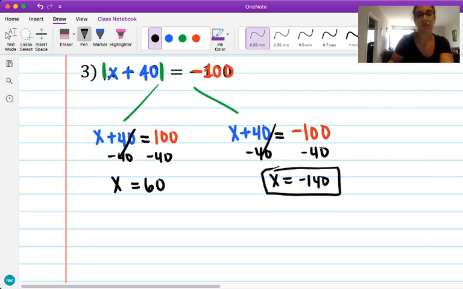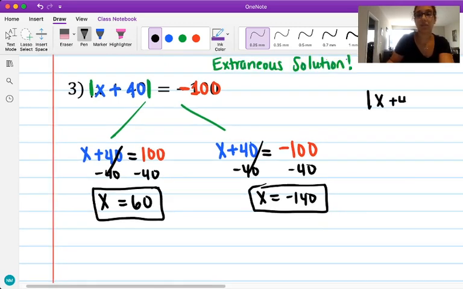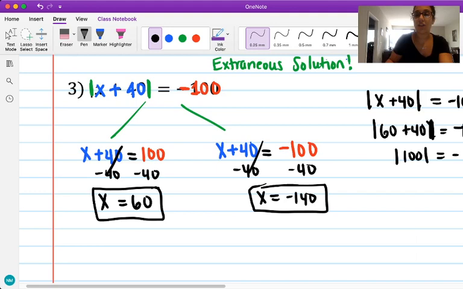Let's check our answers. I have the absolute value of x plus 40 equals negative 100. If I plug in 60, I get the absolute value of 60 plus 40 equals negative 100. This becomes the absolute value of 100 equals negative 100. 100 equals negative 100? Not true. This does not work. Let's check the other one. The absolute value of negative 140 plus 40 equals negative 100.